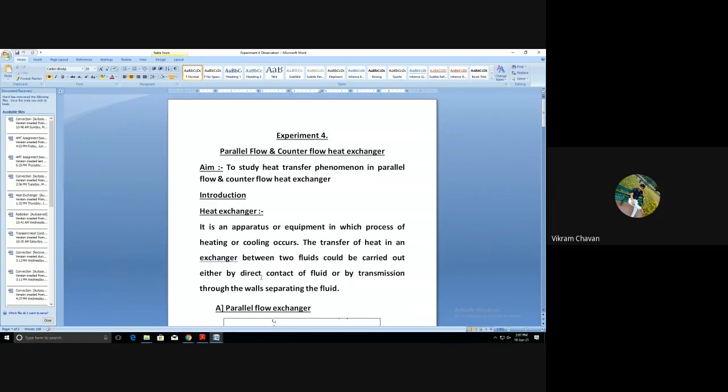But according to the direction, the heat exchangers are classified as parallel flow heat exchanger, counter flow heat exchanger, and cross flow heat exchanger. Out of these three types, here we are going to perform the experimentation on two types of flows, that is parallel flow heat exchanger and the counter flow heat exchanger.